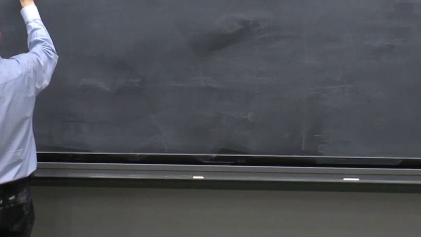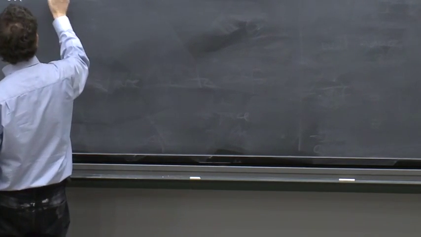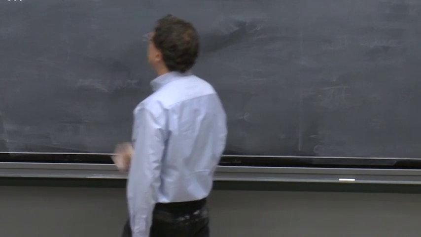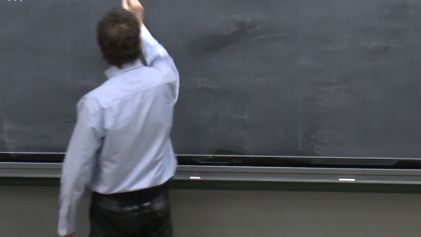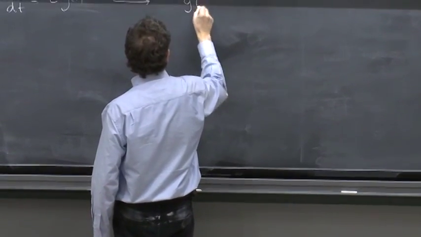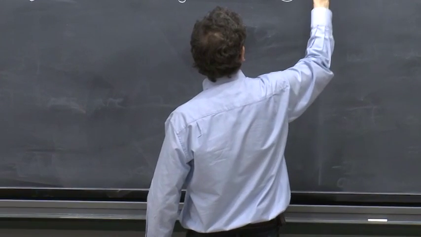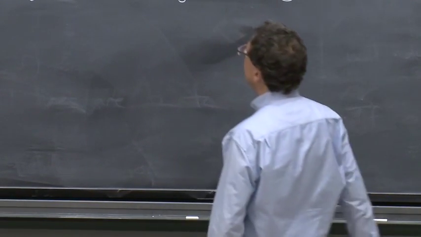The left-hand side, i h bar dg/dt, is now equal to E g, where E is a number and g is a function of time. From where g of t is equal to a constant times e to the minus i E t over h bar.